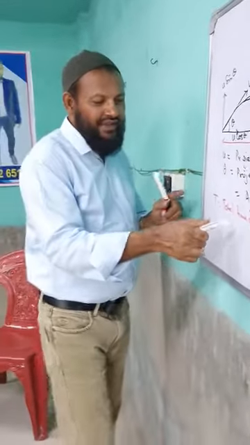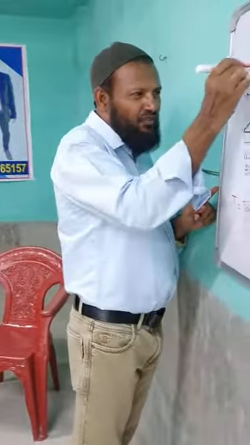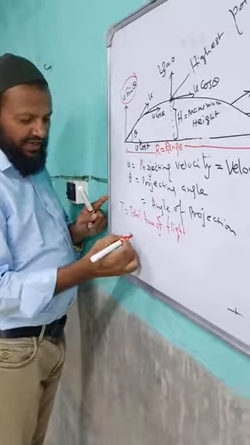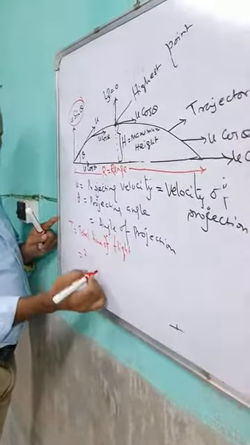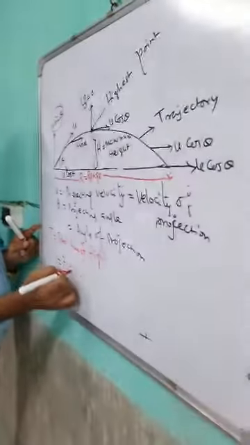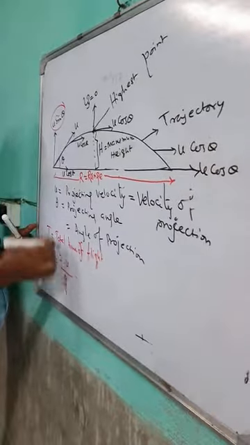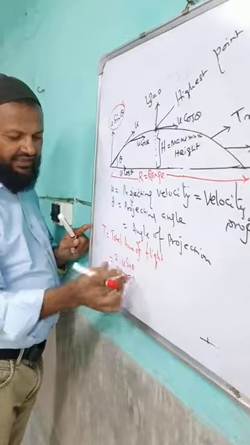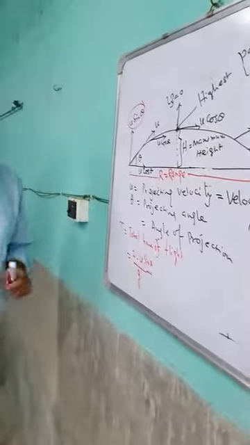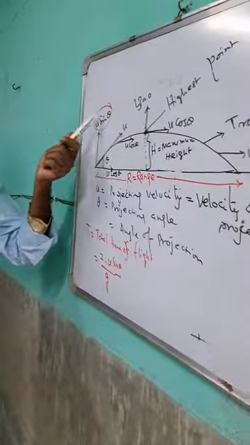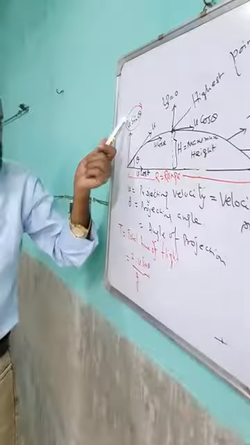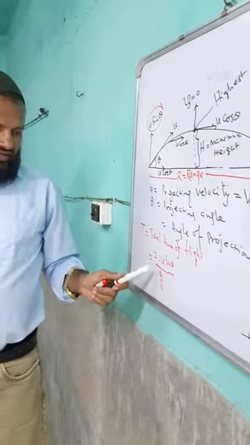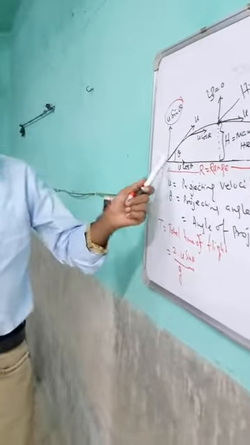Total time of flight depends on the vertical component. It is 2u by g. In this case, u is u sin theta. Here u is u sin theta. This is the total time from here to here.